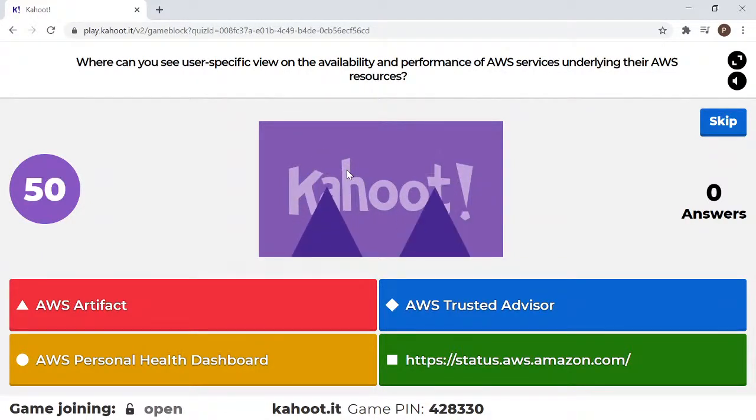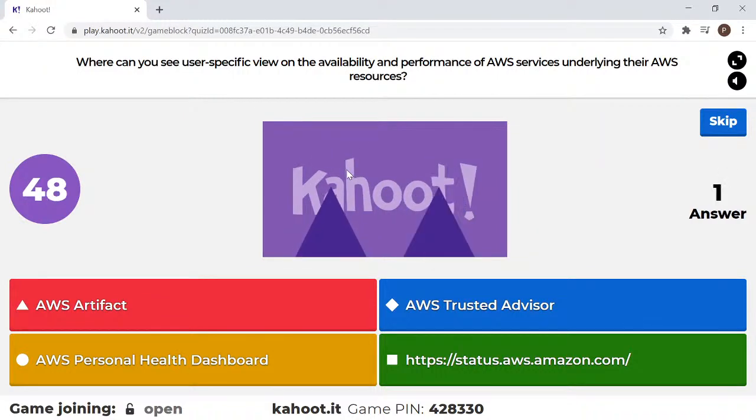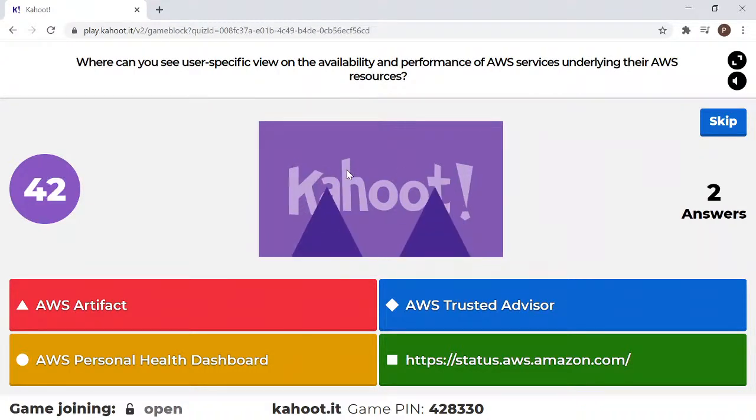AWS Artifact, AWS Trusted Advisor, AWS Personal Health Dashboard, or status.aws.amazon.com, which is Service Health Dashboard. So which of these options can be used to see the user-specific view on the availability and performance of AWS services underlying their AWS resources?